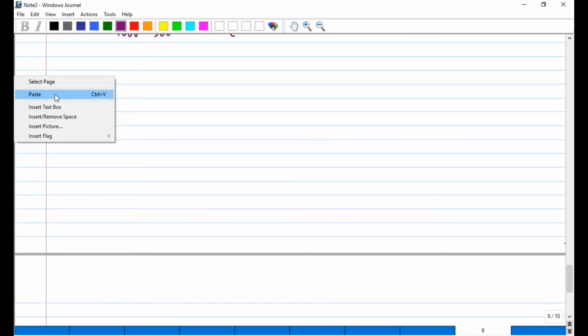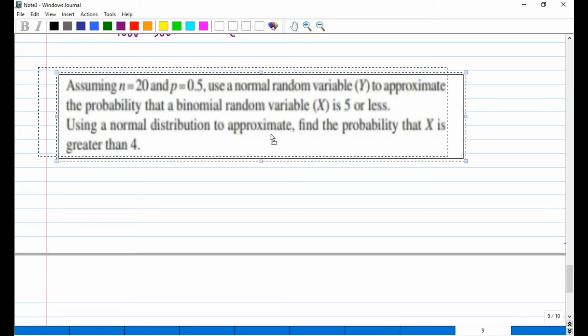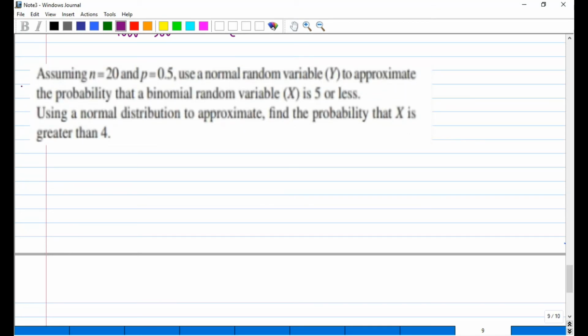This is out of your ebook. So this is an A and a B. All right, so what we're trying to do is figure out if x is 5 or less.